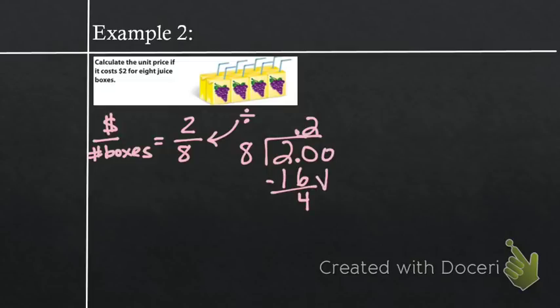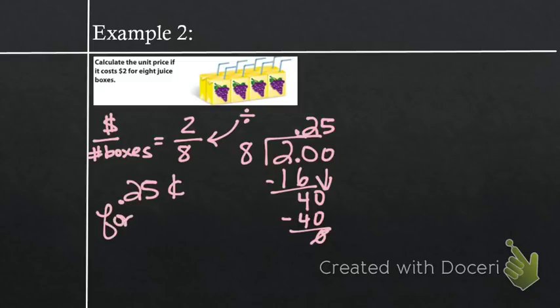I'm going to add another 0 placeholder. 8 goes into 40 5 times. So then we know it's going to cost 25 cents for 1 box of juice.